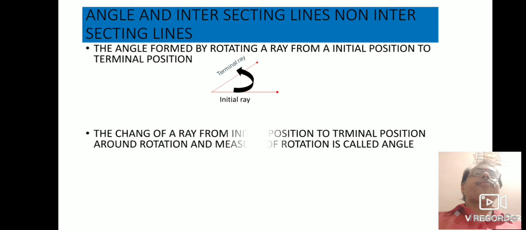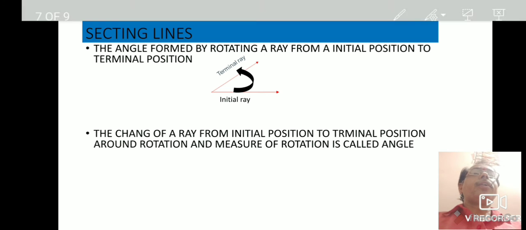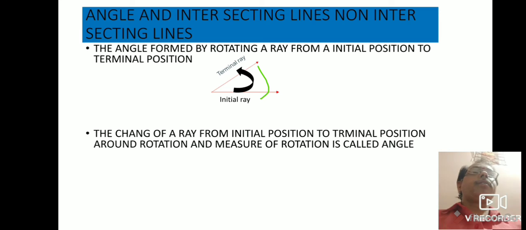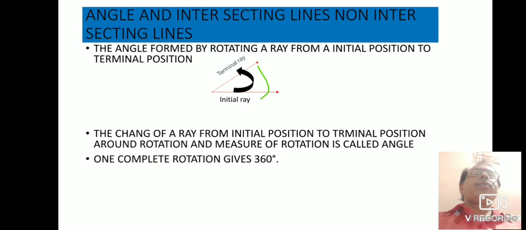So the change of a ray from the initial position to the terminal position around the rotation, and the measure of the rotation, is called an angle. One complete rotation gives us 360 degrees.